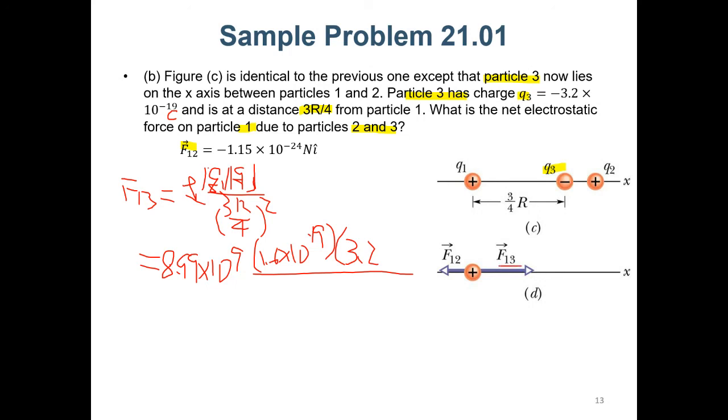So you know that F13 points to the right side. Or you can just keep all the signs, so you know that this is positive, this is negative, so that you will get a negative answer.